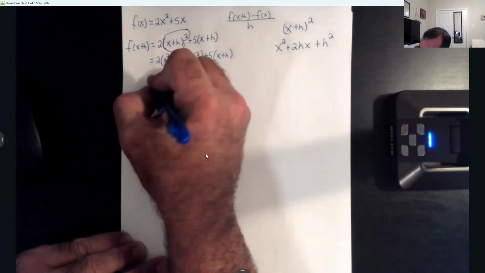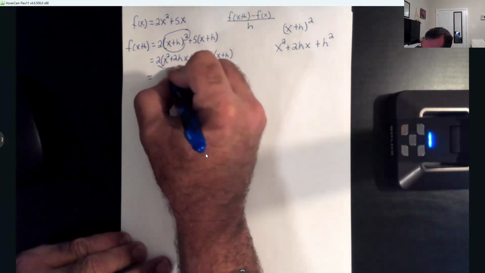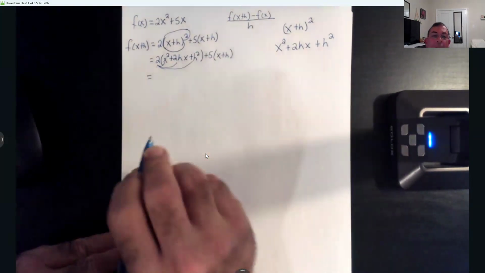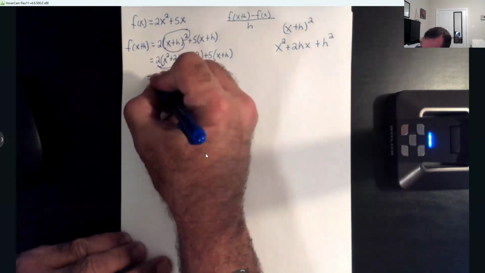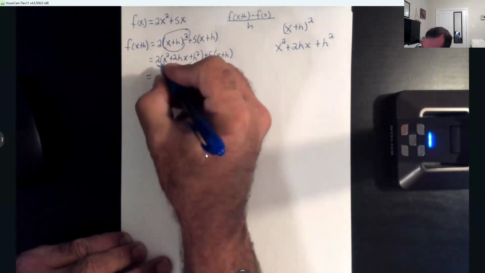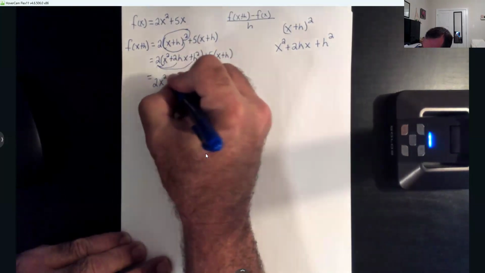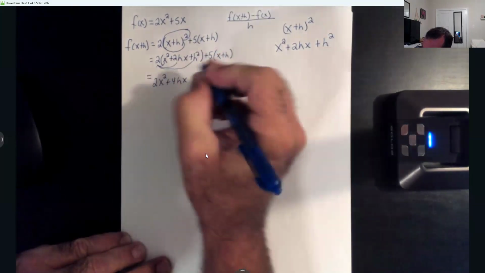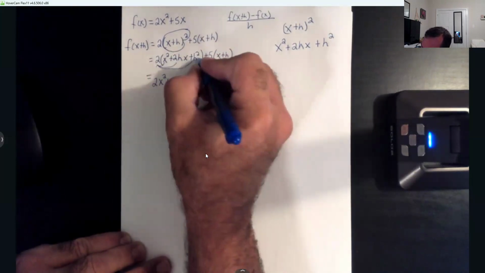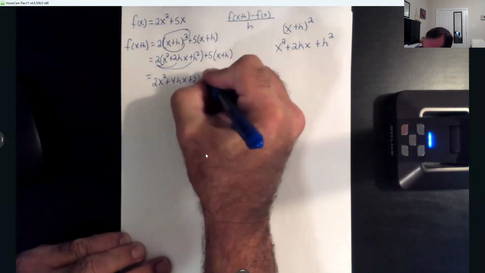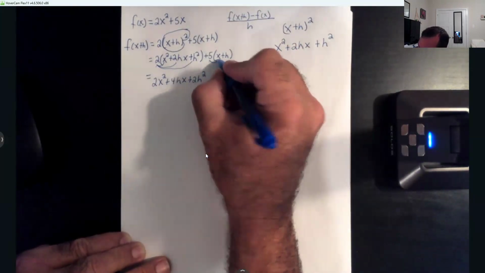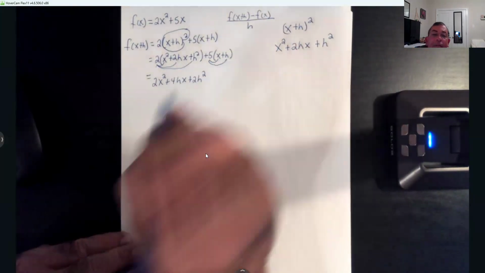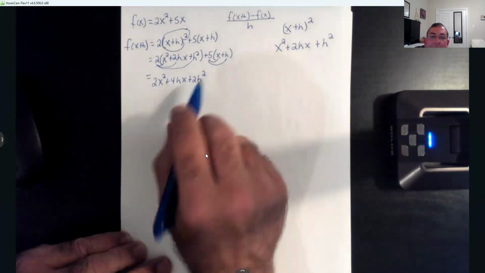Next, you're going to distribute the 2 through the first parentheses. So that'll give you 2x squared. 2 times 2 makes that a positive 4hx plus 2 times h squared. Now, right here, you're going to distribute that positive 5 through those parentheses.